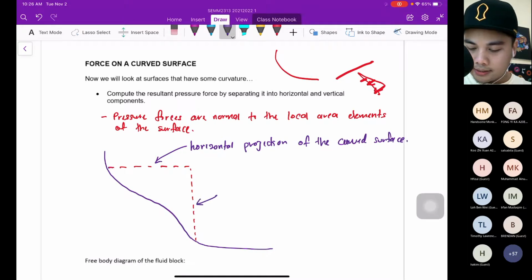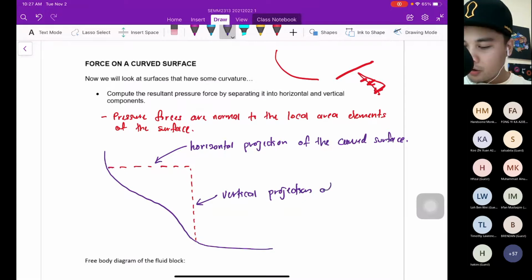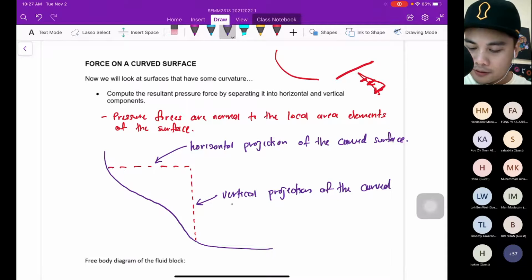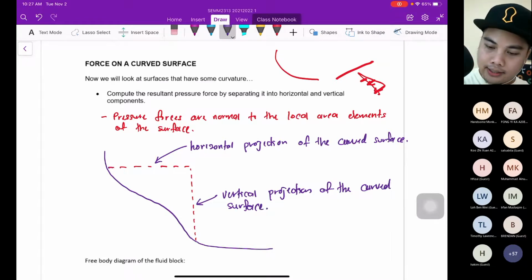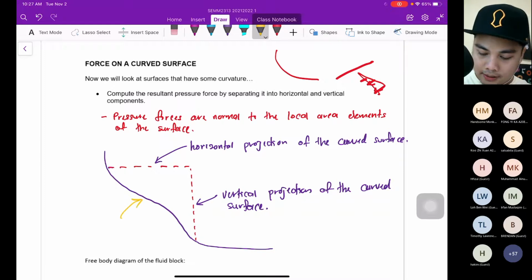And here on the other hand, vertical projection of the curved surface. And then definitely this is the curved surface.